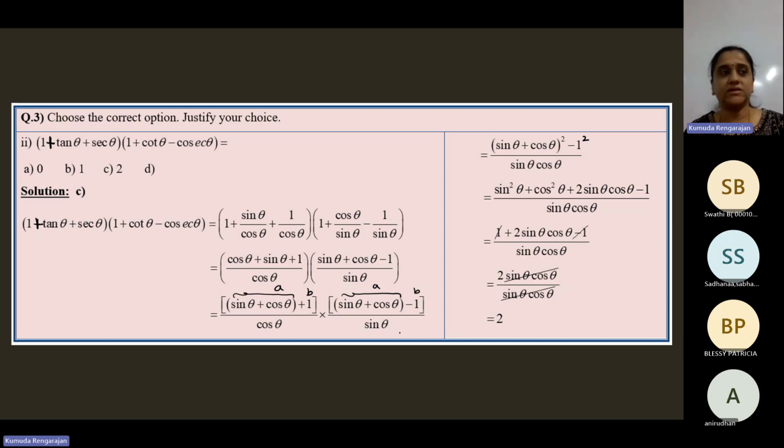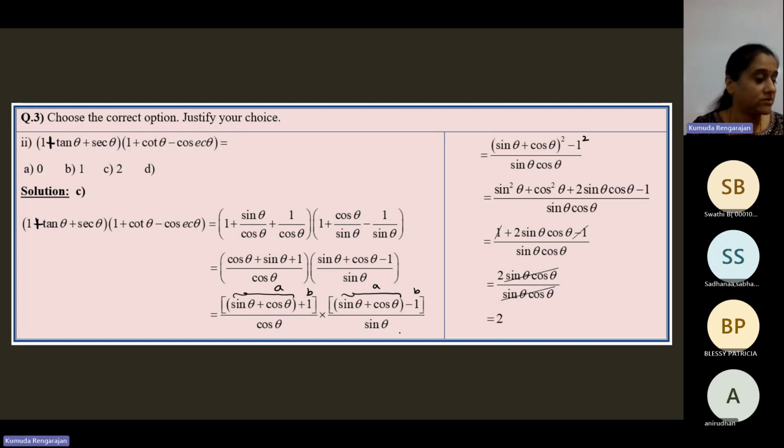So we use this identity. We rearrange the terms and make it look like an identity to save time in working ahead. Otherwise, we'll have to do the regular multiplication as we discussed, the first term with the second bracket, second term with the second bracket, third term with the second bracket, and you'll get the same answer.